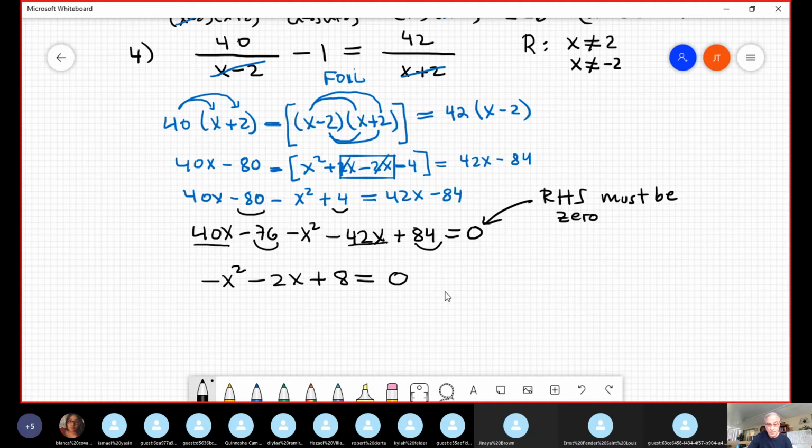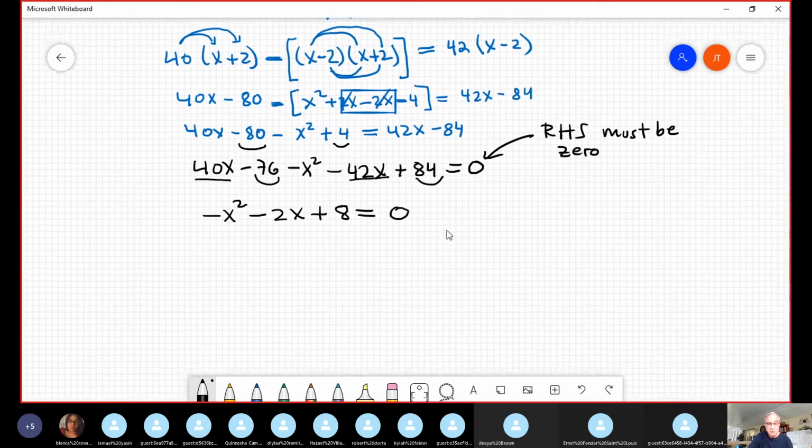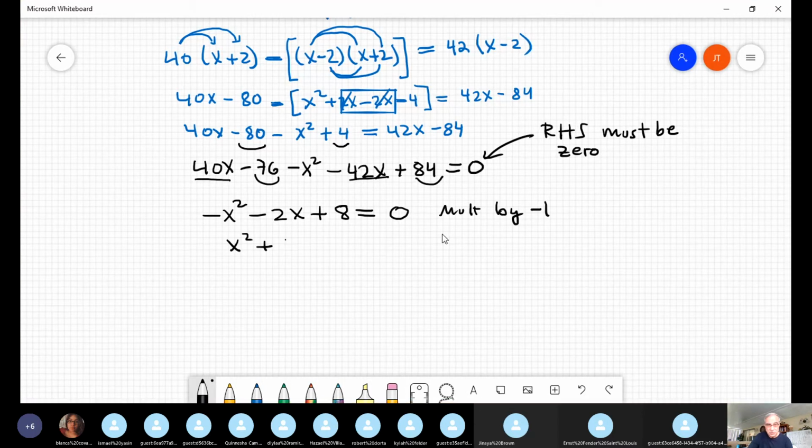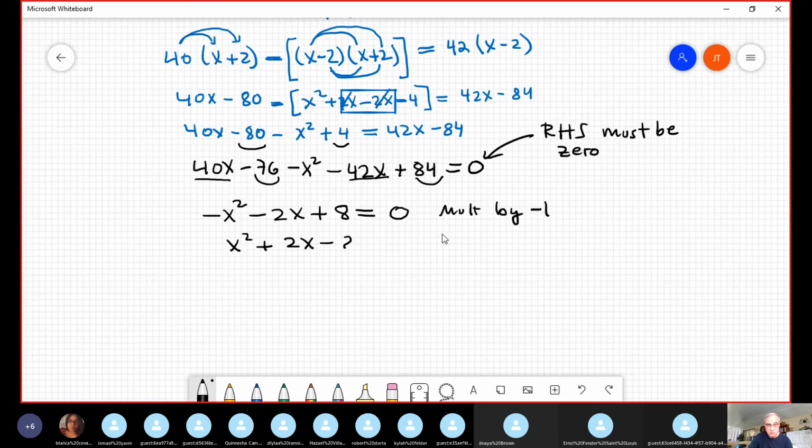Now we focus on the quadratic equation, but I don't like this quadratic equation. I propose you multiply the whole thing by negative 1, because I need this coefficient to be positive. It's x squared plus 2x minus 8 equal to 0.